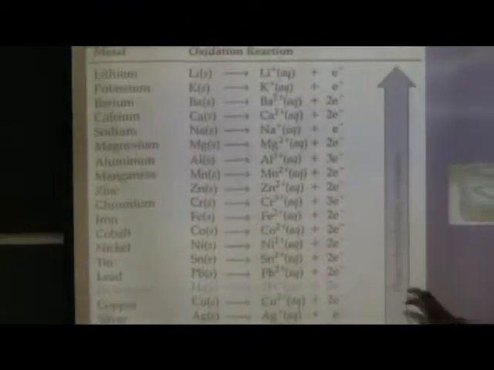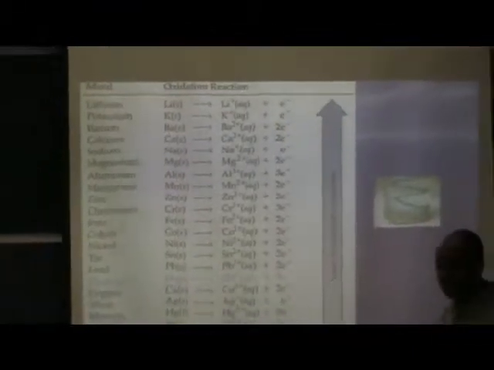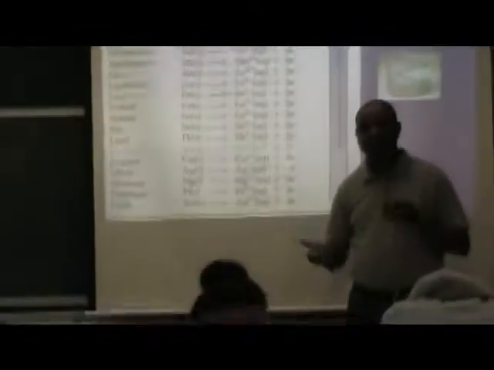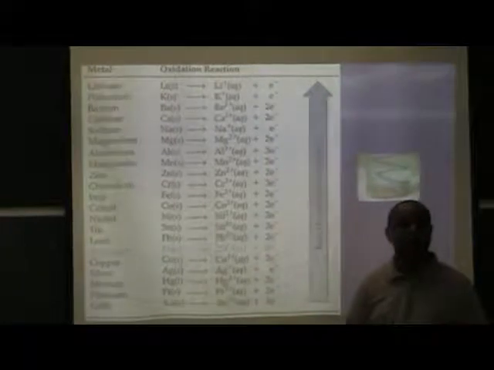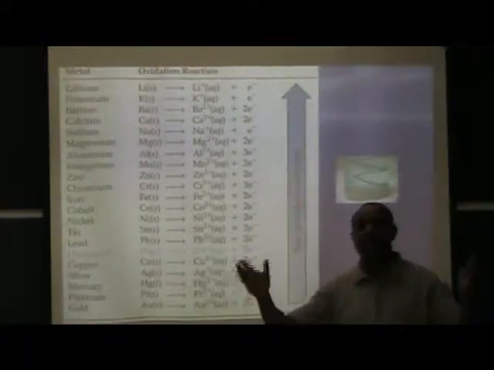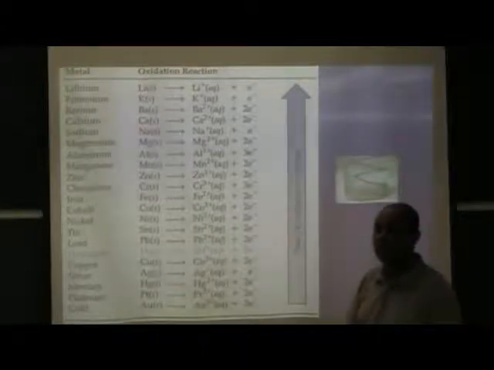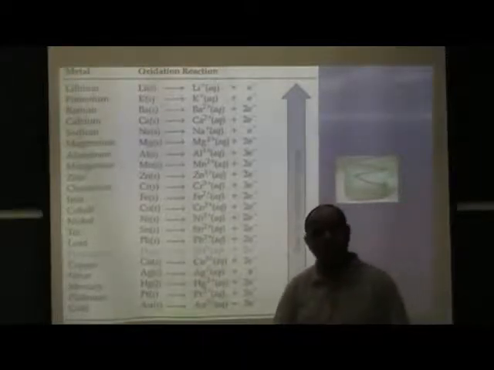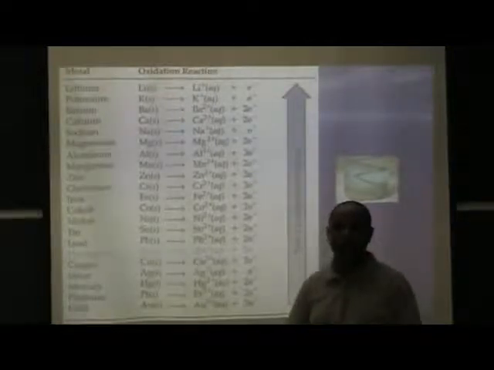What it means is that this is the way that the ease of oxidation increases. As I have said repeatedly, when there is a chemical reaction, metals lose electrons, non-metals gain electrons. But what happens if you have two metals come into the picture? Some metals easily lose electrons. Some metals resist losing electrons. They don't want to lose electrons per se.